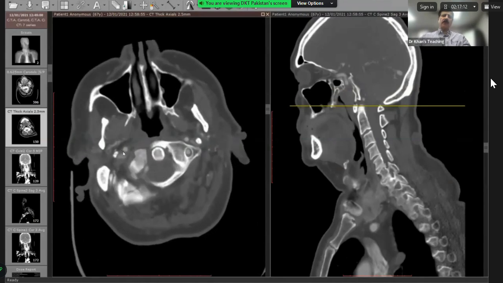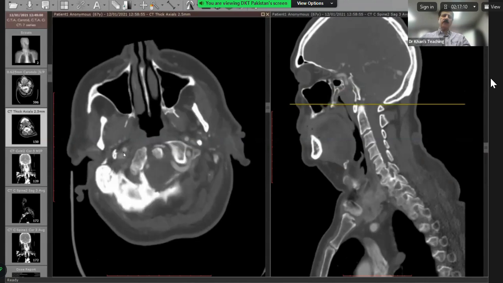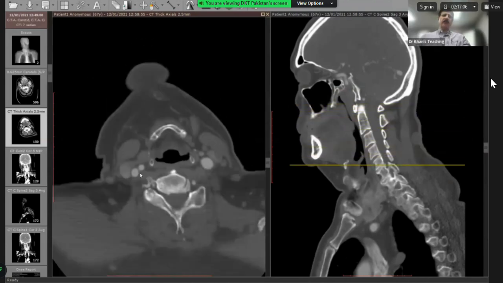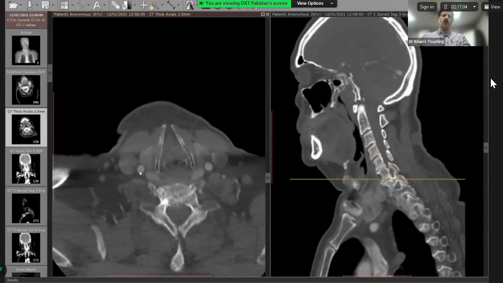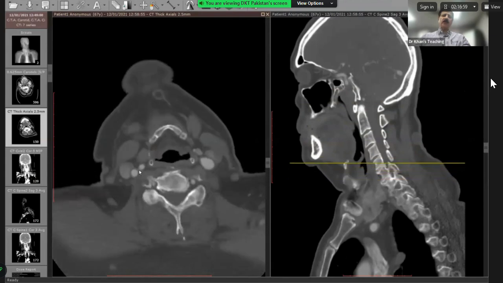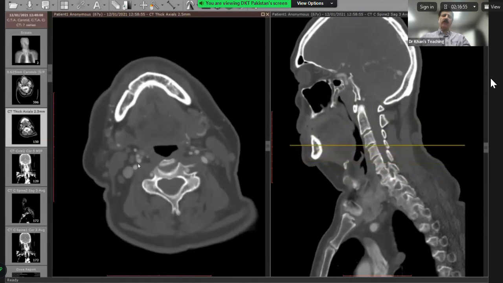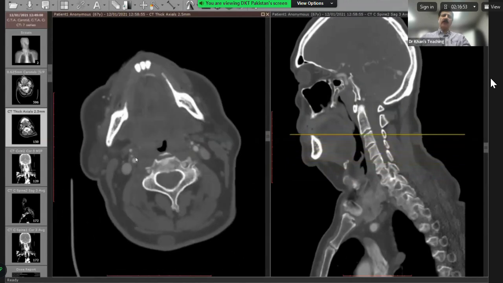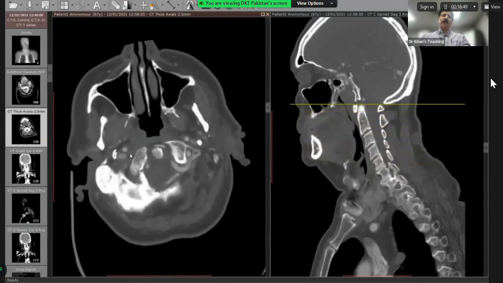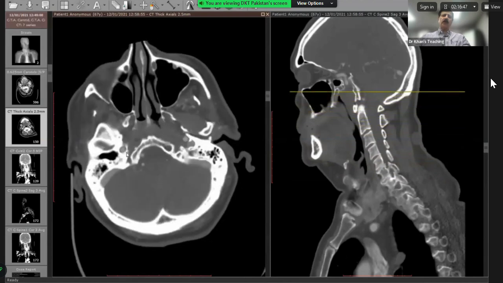Can you see my mouse, candidate 1? Yes, I can. Okay, so if you see here, this is the common carotid artery. Now we are going up in the neck, and it divides into external carotid and the internal carotid. Now we are going to follow the internal carotid and see how it goes into the carotid canal.